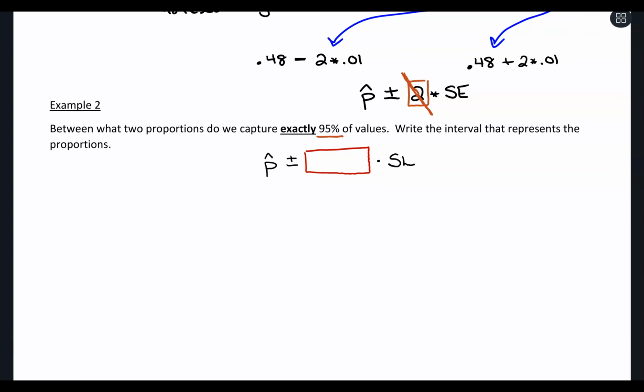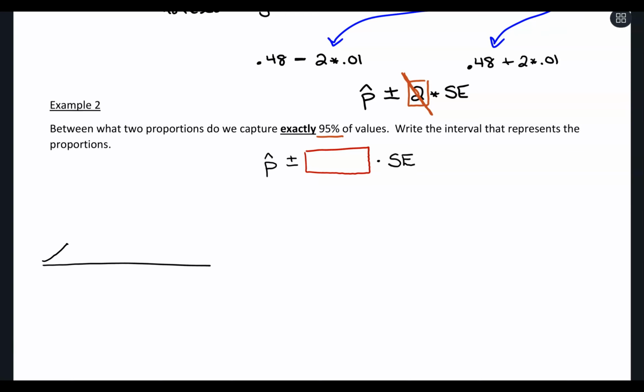Okay, so for our sample proportion, what we want to do is go to our standard normal curve. So we want our bell-shaped curve with a mean of 0, standard deviation of 1. And what we want to do is, if 0 is in the middle here, we want to move away from that value so that we have 95% of our data centered right there.